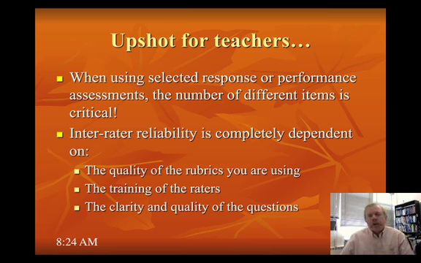Now, we actually haven't addressed this issue directly, but this is one of inter-rater reliability. Sometimes we will have an essay, and then we'll grade that essay against a rubric or a performance standard. But what we find is that people do not consistently grade certain performances.